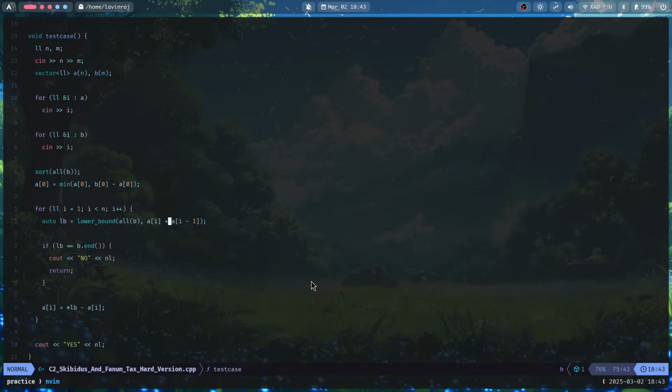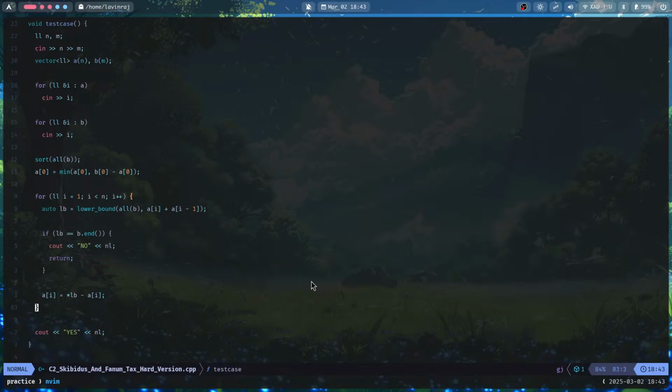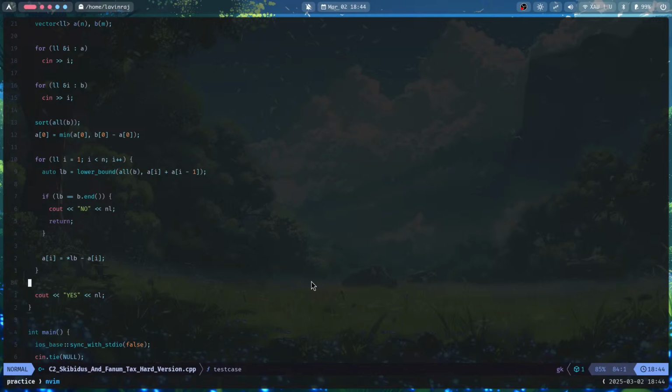Then okay, that's correct. So, hmm, what could be the problem? Hmm, this is A[i] equals lower bound minus A[i], and at the end we return yes, but it's not working at all.